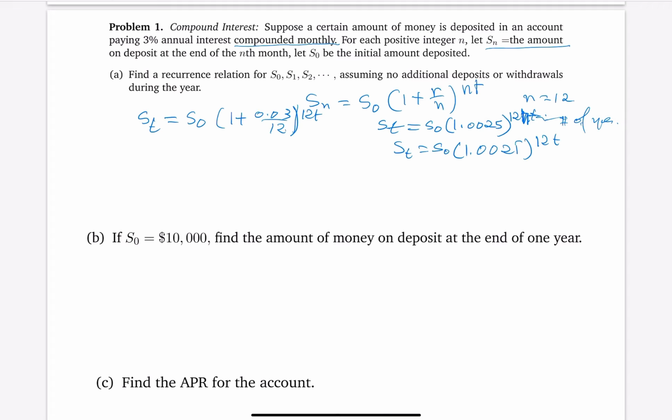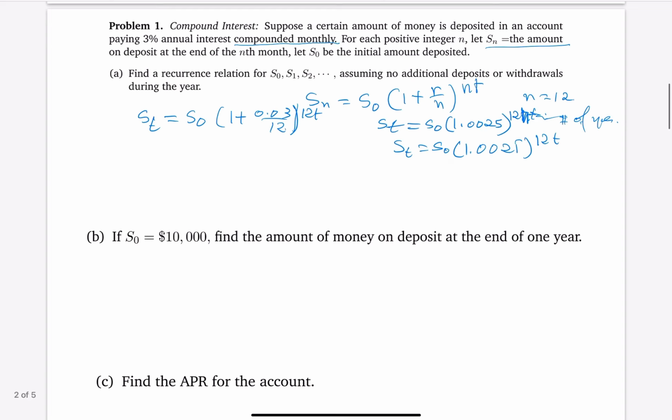Now the question was to find the recurrence relation, and you can go from 1 year. You have S1 is S0 times 1.0025 to the 12 times 1.